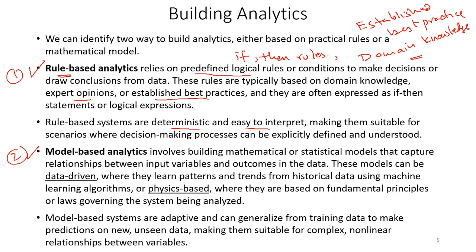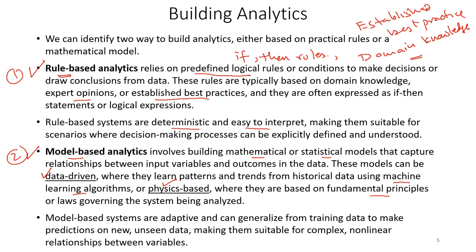The second approach is model-based analytics, which relies on mathematical or statistical models to describe the relationship between inputs and outputs in the system. These models can be data-driven models or physics-based models. Data-driven models learn from the historic data using machine learning, while physics-based models are based on fundamental laws and engineering equations.